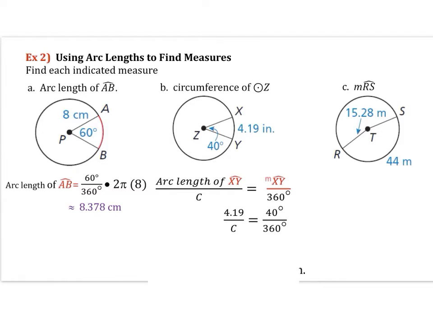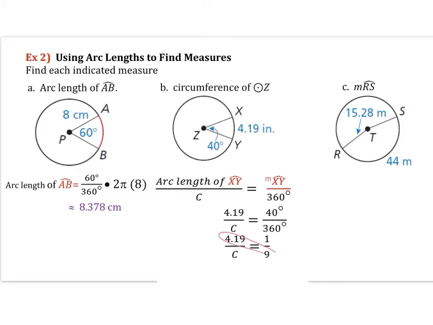Substitute all the values we know. We know the arc length is 4.19 inches divided by circumference C, which is unknown, equals measure of arc XY, which is 40 degrees, divided by whole circle 360. Anytime you can simplify your fractions, that's always helpful. So 40 divided by 360 simplifies to 1/9.